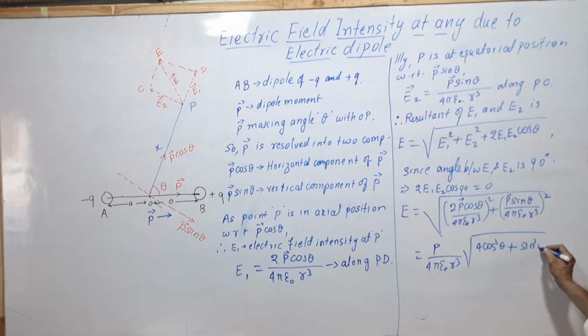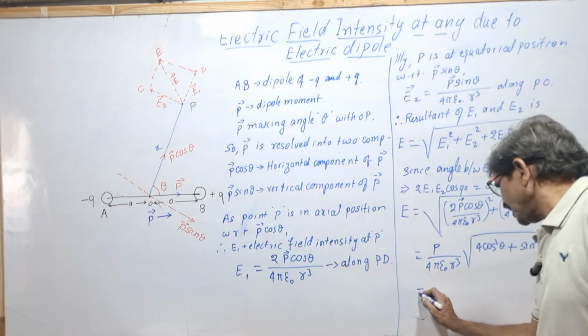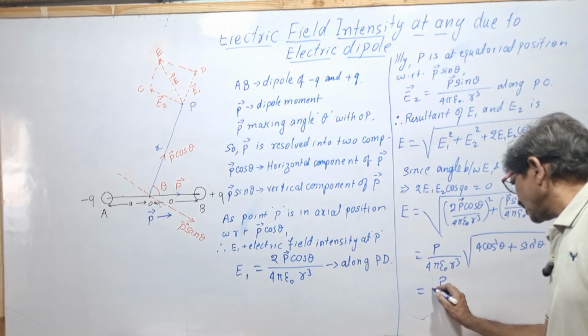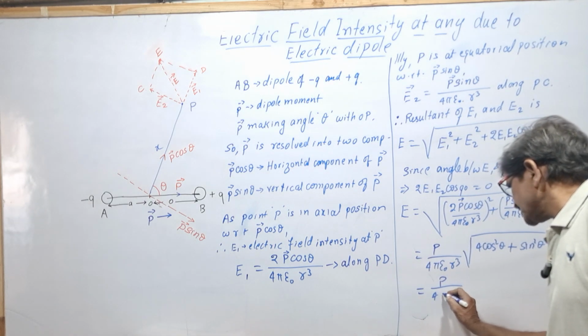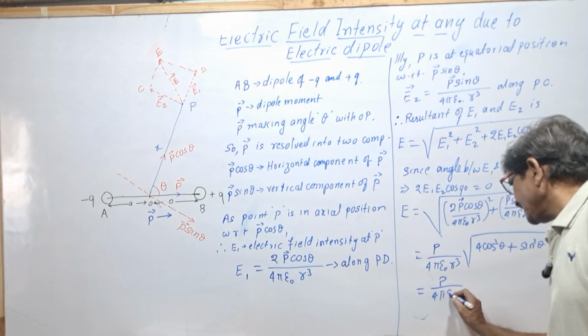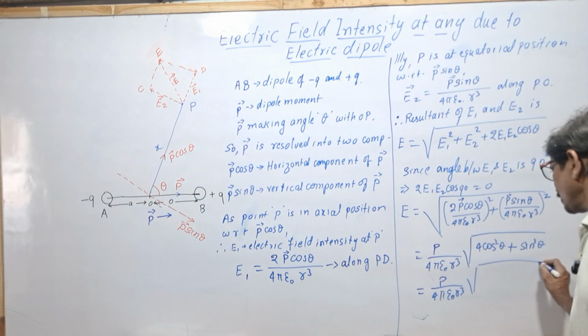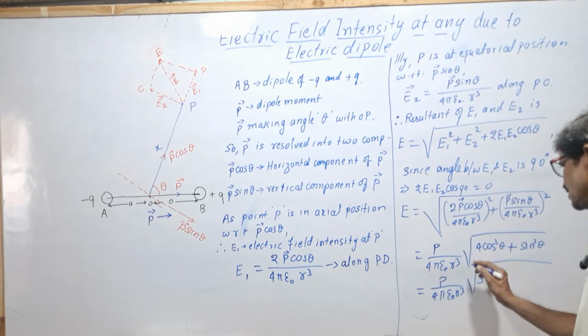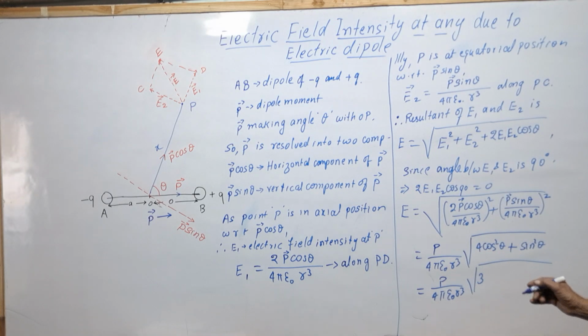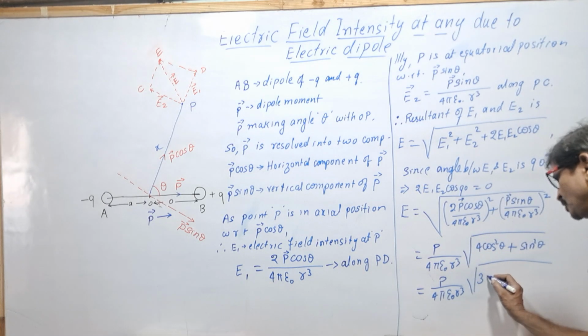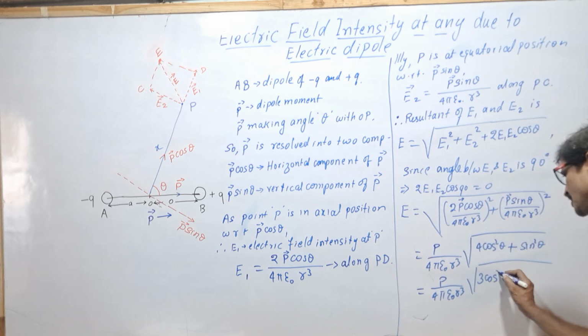sin square theta. Now, by using some trigonometrical manipulation, we can write this as P divided by 4 pi r cube, in brackets, 3 cos square theta instead of 4 cos square theta.